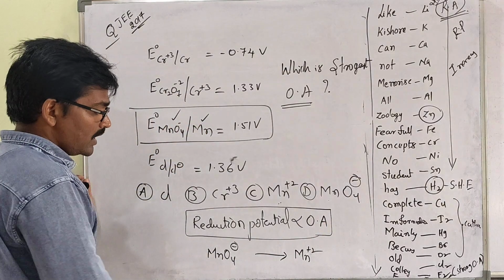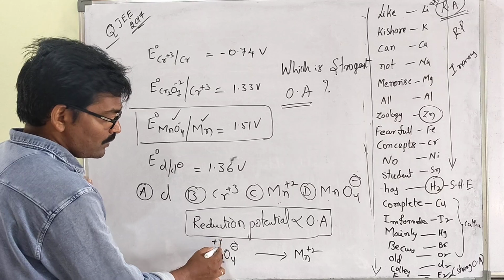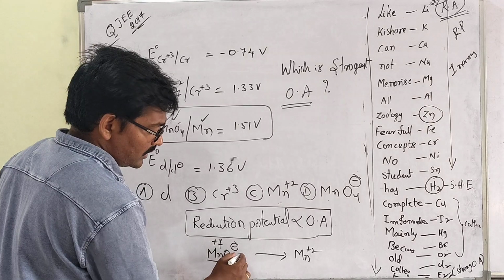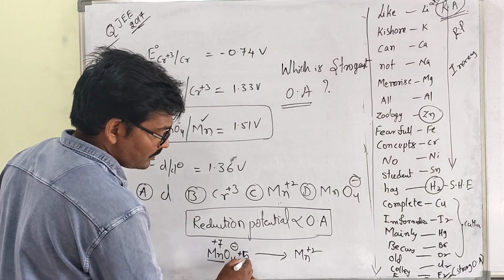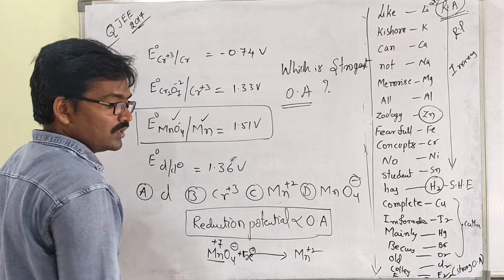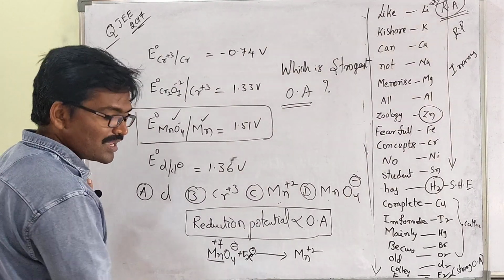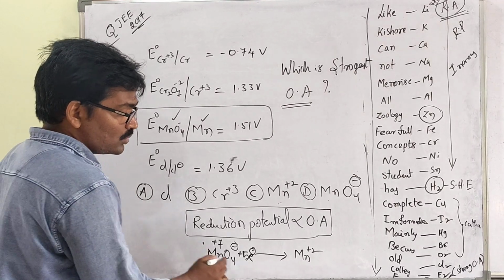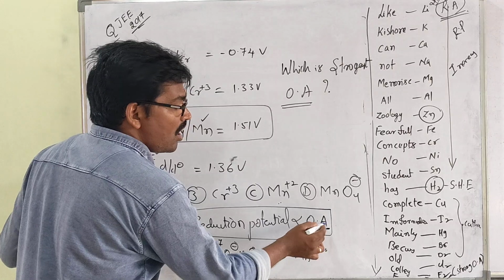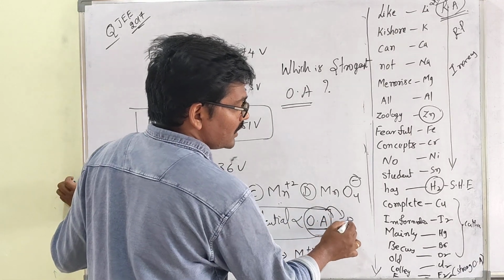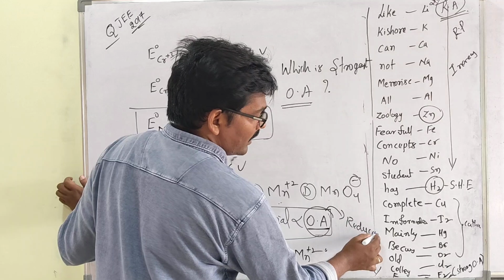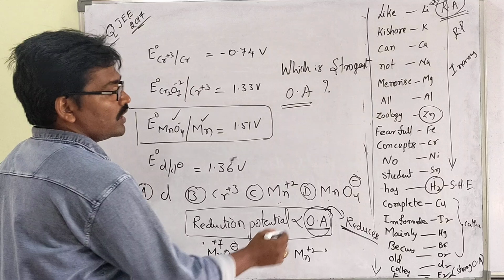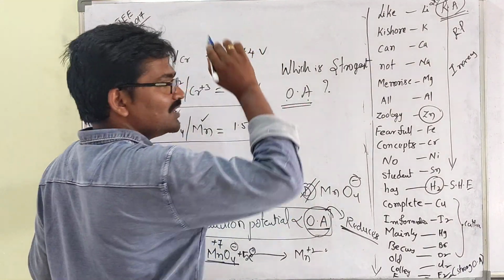Here the oxidation state of manganese is plus 7, we know that. Plus 7 to plus 2 means it has gained 5 electrons, so reduction has taken place. This is a reduction reaction. Gain of electrons is called reduction. The species that undergoes reduction is the oxidizing agent. So MnO4 minus is the oxidizing agent.